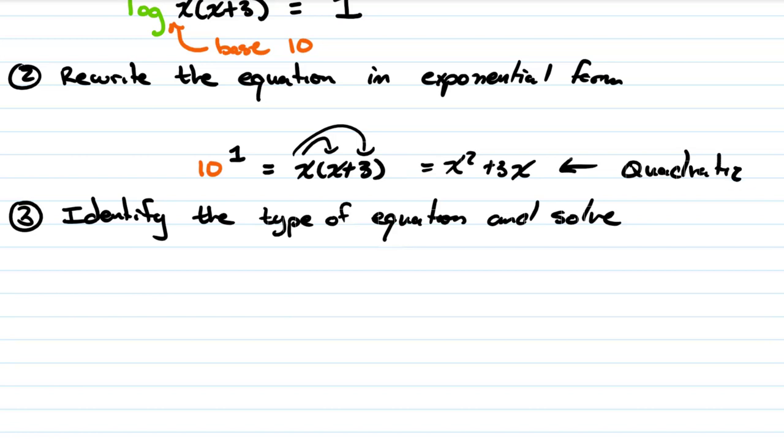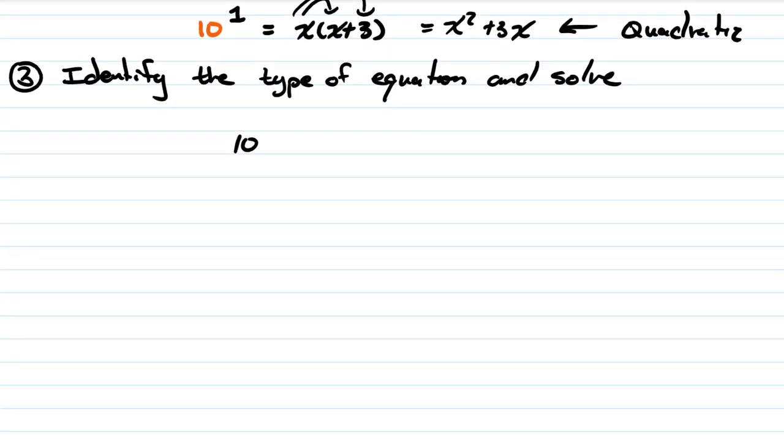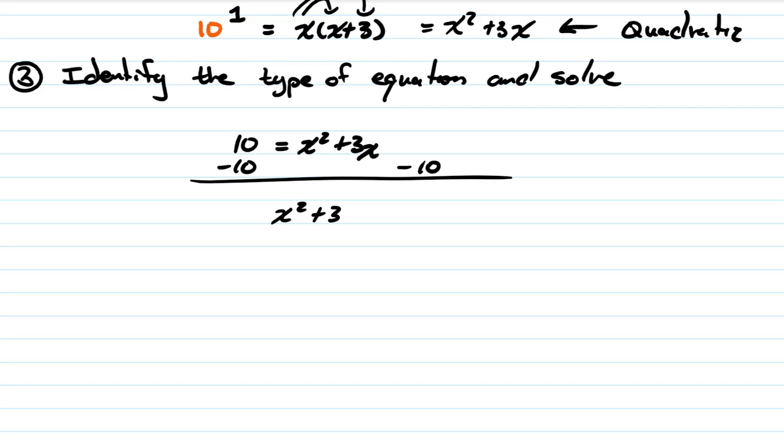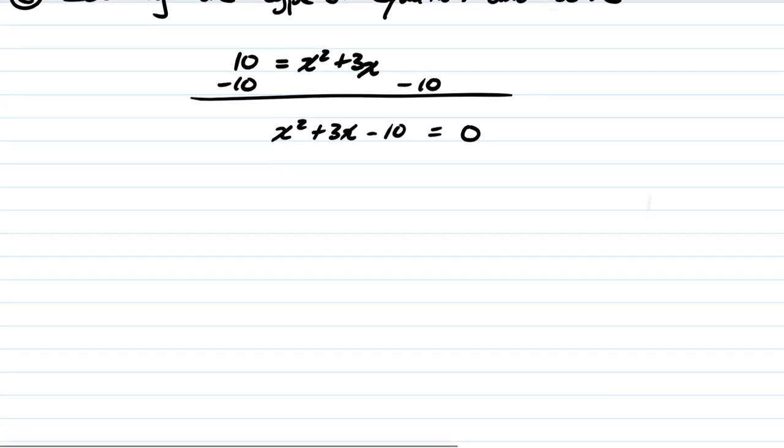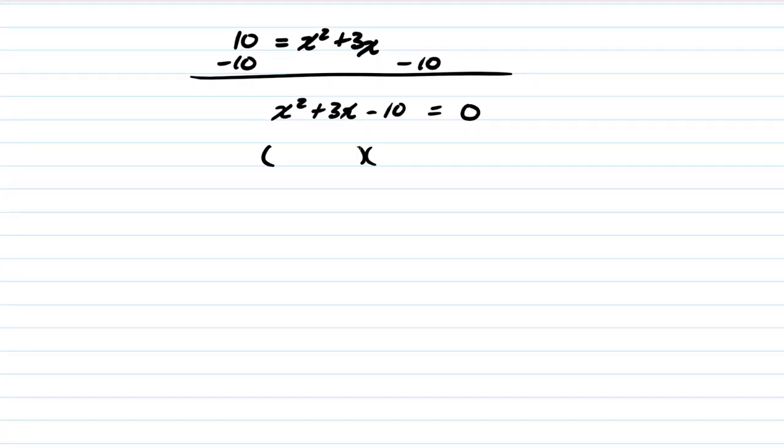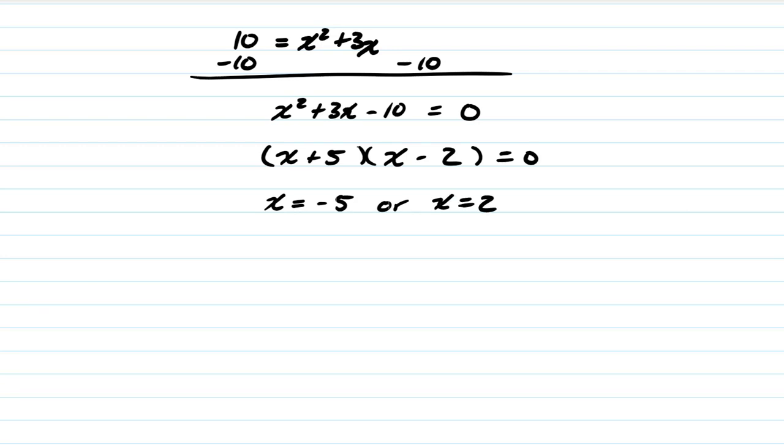So then, to solve a quadratic equation, we need to make it equal to 0. So we minus 10, and that gives us x squared plus 3x, take away 10, is equal to 0. And we can factor this guy. And we go x plus 5 times x minus 2 equals 0. And that gives us our two solutions, x equals negative 5, or x is equal to 2.